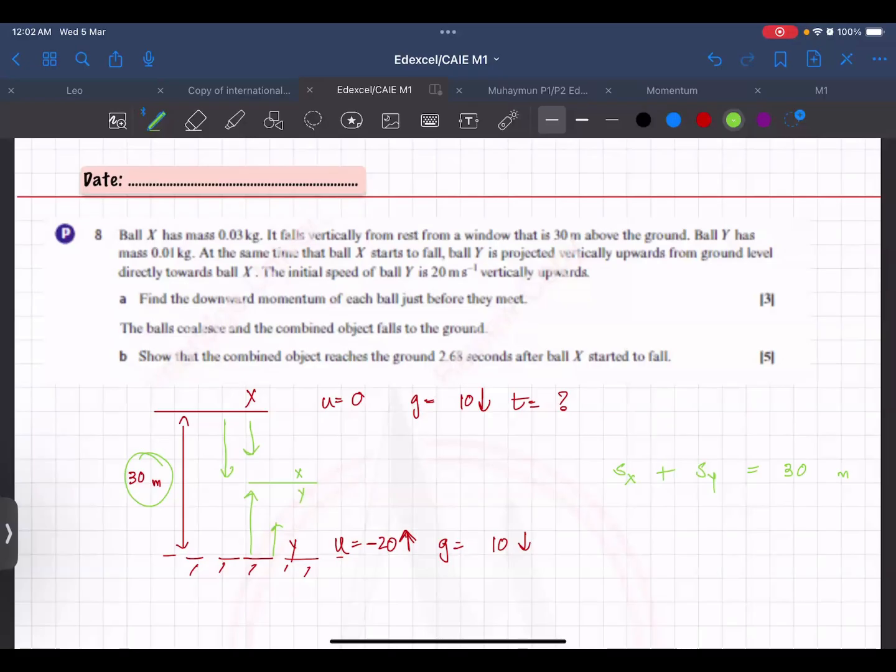So now S is equal to UT plus half AT square, you can apply over here. For X, UT plus half AT square, UT is 0, plus for Y, -20T plus half AT square is equal to 30.